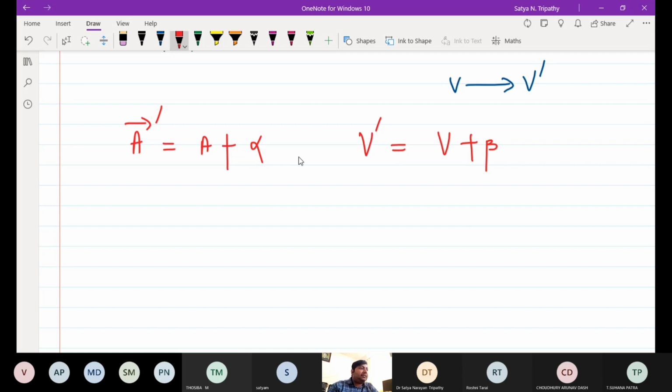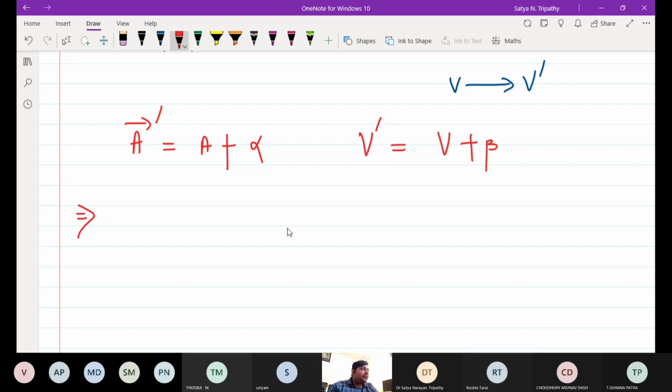They have the same units: alpha has the same unit as A and beta has the same unit as V.